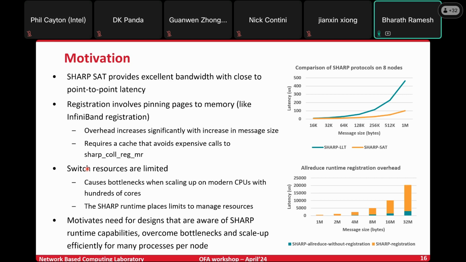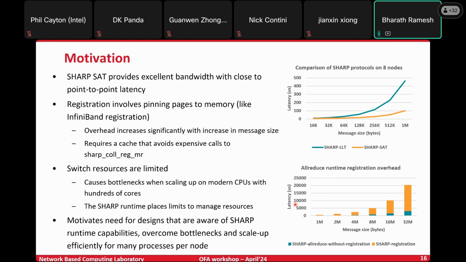As I mentioned before with XPMem schemes, this requires a cache that avoids expensive calls. Ideally, we want to do this once and forget about it. The graph on the right-hand side quantifies the registration overhead, and we see that it's really significant the more you increase the message size.